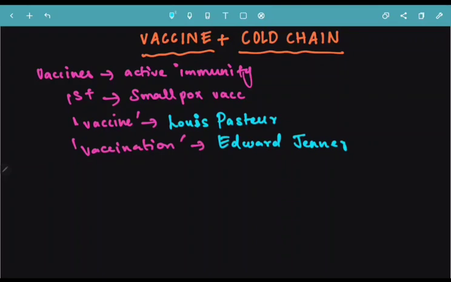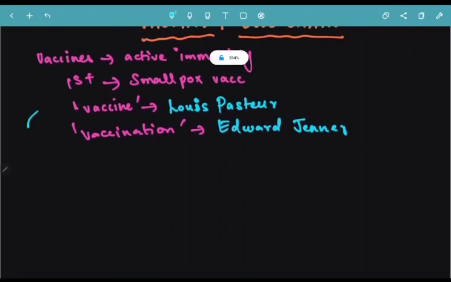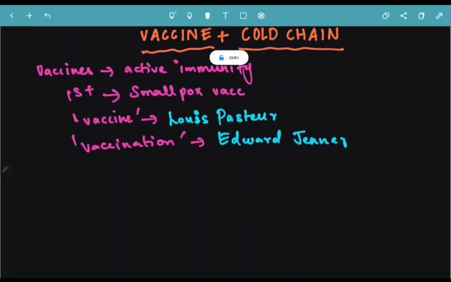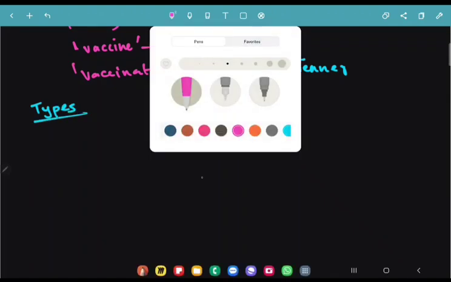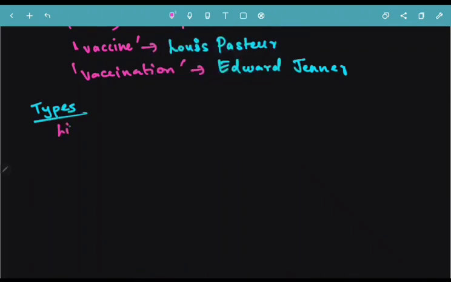Now let's look at the types of vaccines. We have live vaccines. So what are live vaccines? Live vaccines are vaccines having reduced virulence or disease causing capacity, but the antigenicity is going to be retained.